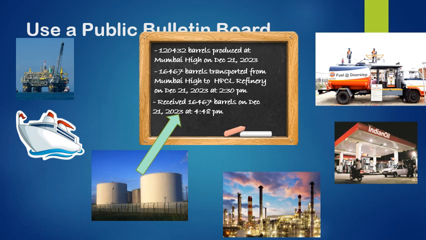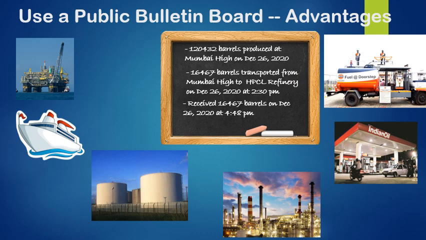Any of the stakeholders can see this information throughout the end-to-end supply. For example, if you see 100 barrels of crude oil have been produced, and after that 60 barrels are transported to some refinery, immediately one can ask, where is the remaining? What happens to the remaining?